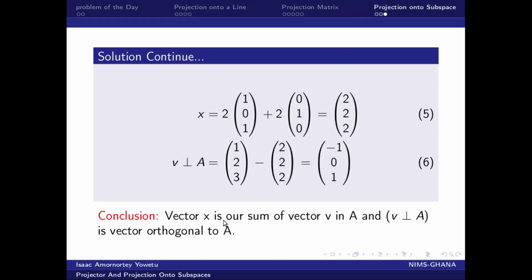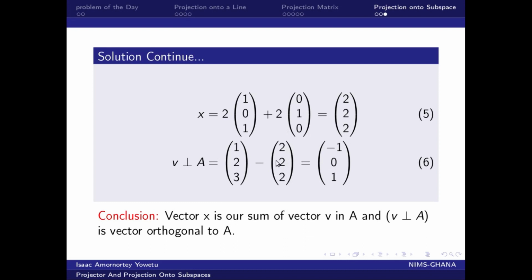Then to get our vector which is orthogonal to A, we consider our vector v minus our projection vector x here.